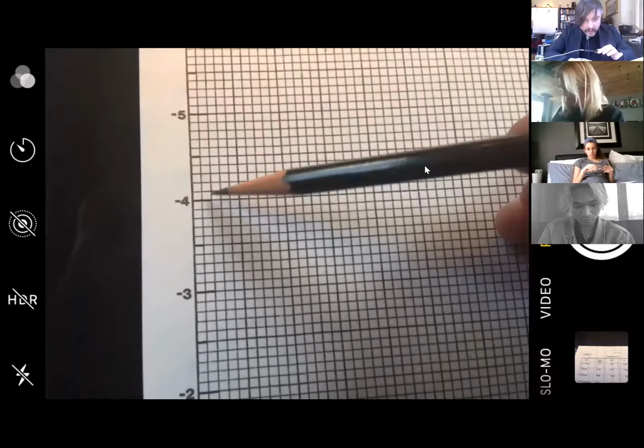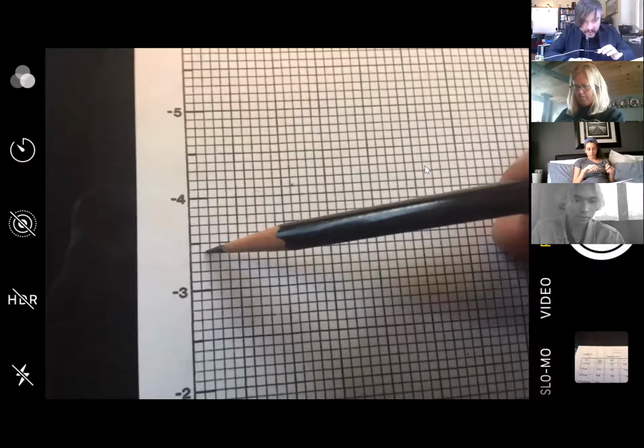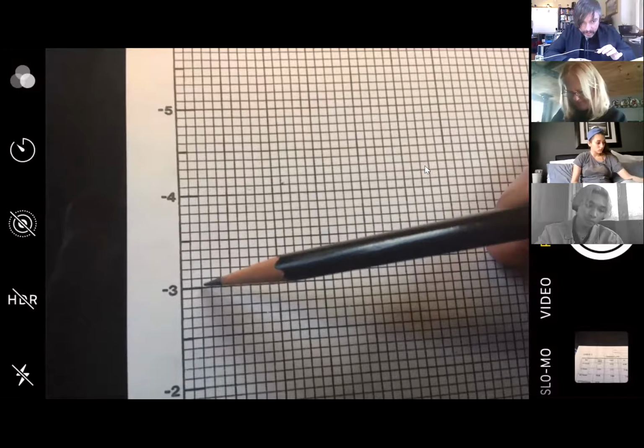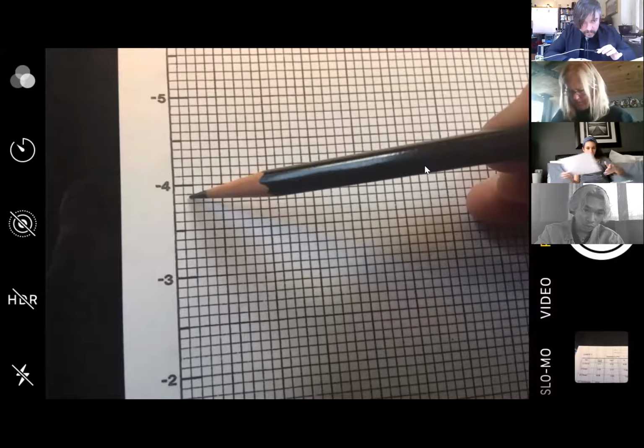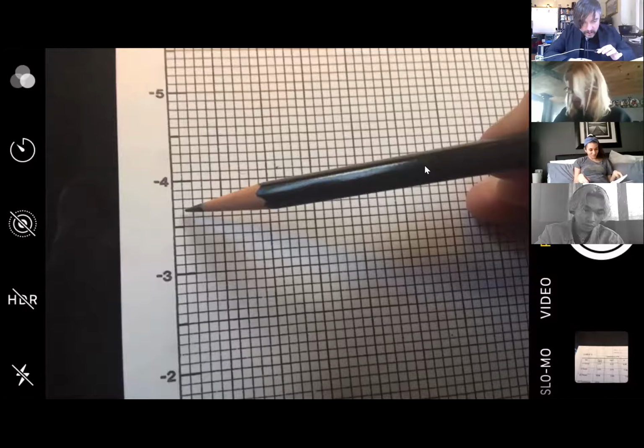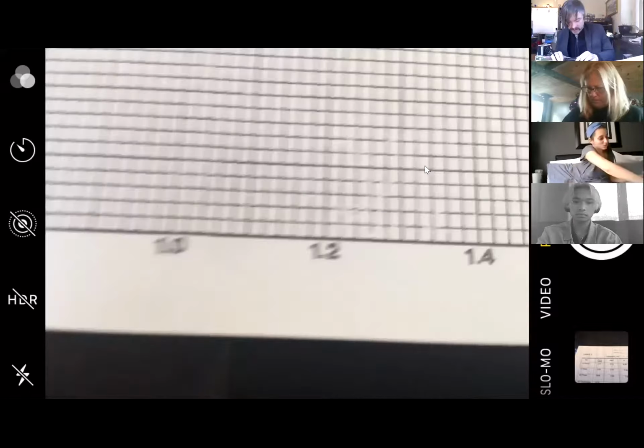First of all, what is each tick mark on the y-axis worth? Can you guys tell me that? 0.1 magnitudes. How about down here on the x-axis?